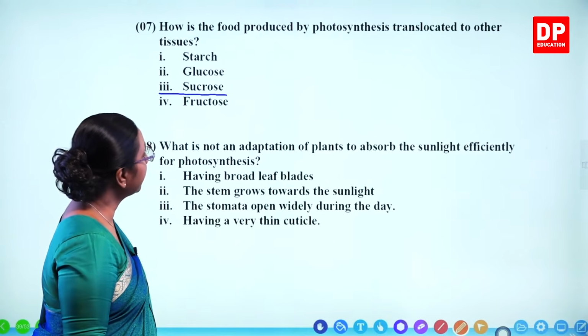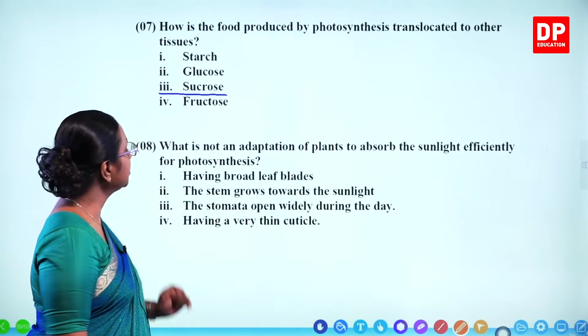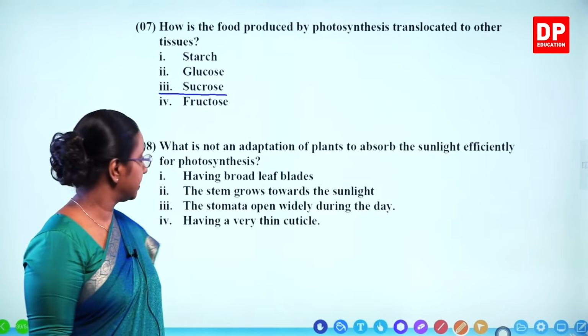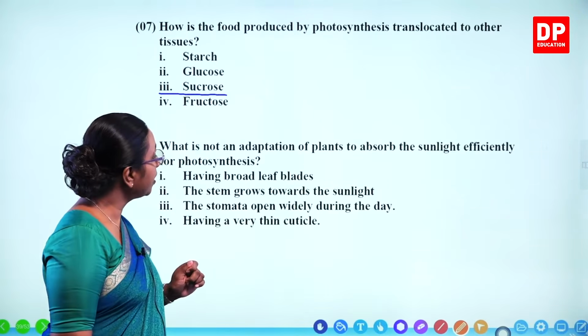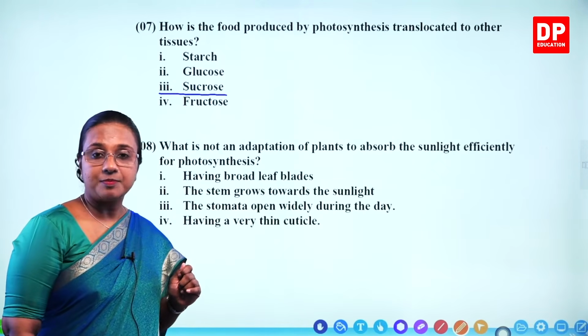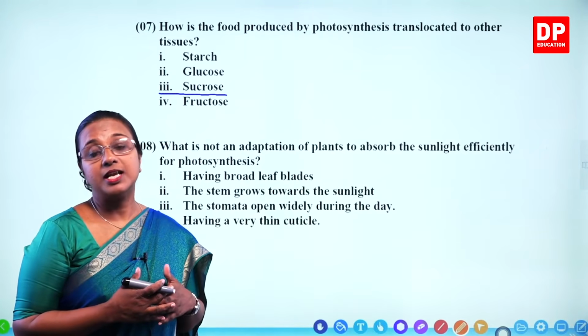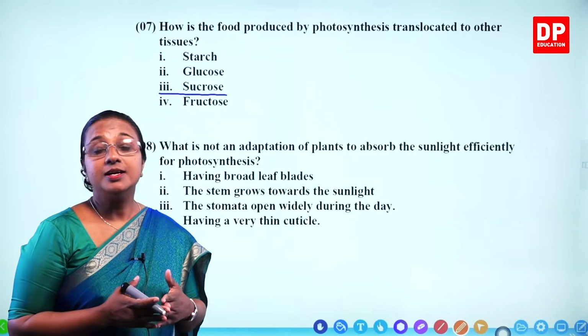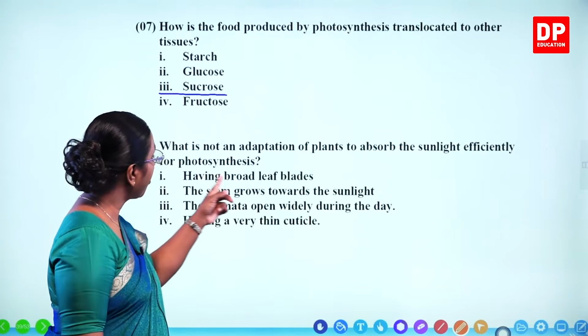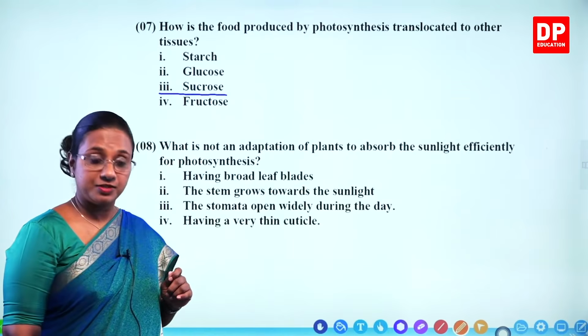What is not an adaptation of plants to absorb the sunlight efficiently for photosynthesis? Having broad leaf blades. This is an adaptation. You can remember, students, we discussed a few adaptations under your assignment. So, having broad leaf blades is an adaptation to absorb sunlight efficiently.